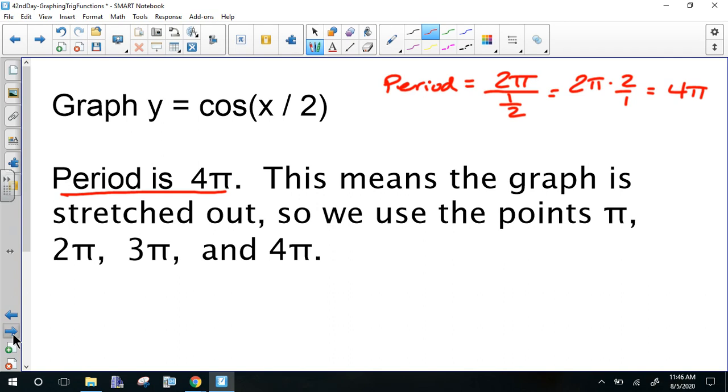So if I've got it stretched out to 4 pi, I need to go to 4 pi on the positive x-axis, and I need to go to negative 4 pi on the negative x-axis. So I want to divide those into 4 because there's 4 major points that I need to make in one cycle. So therefore, I'm going to have points at pi, 2 pi, 3 pi, and 4 pi.